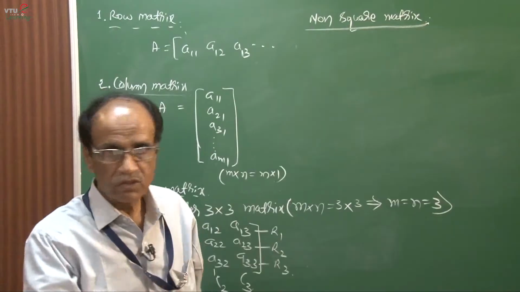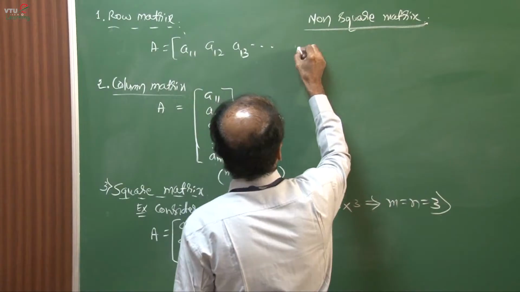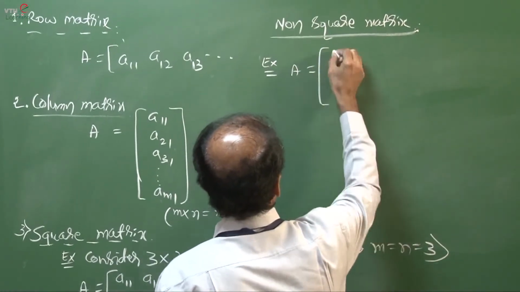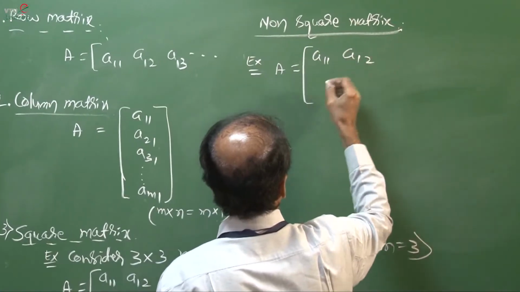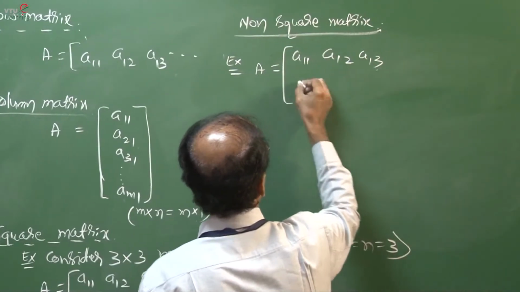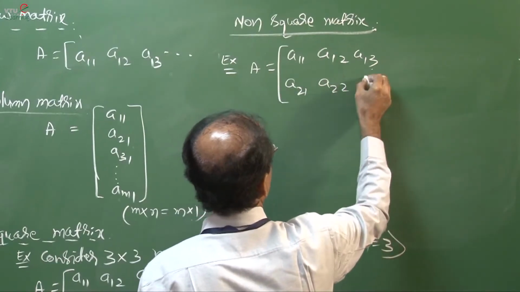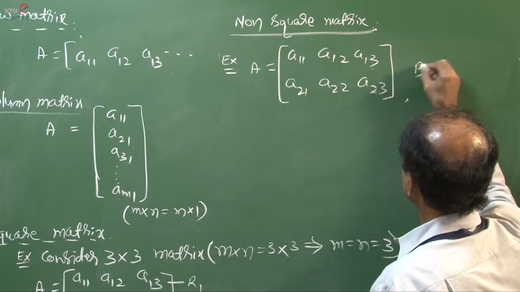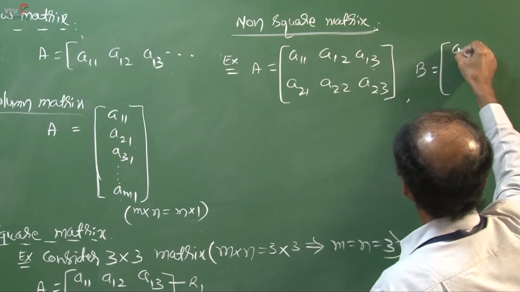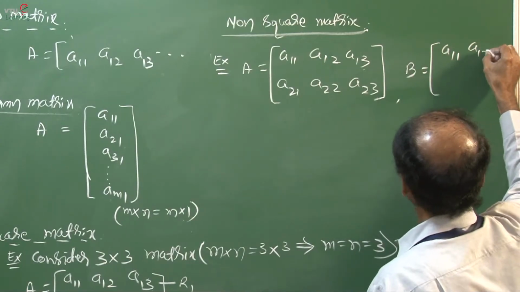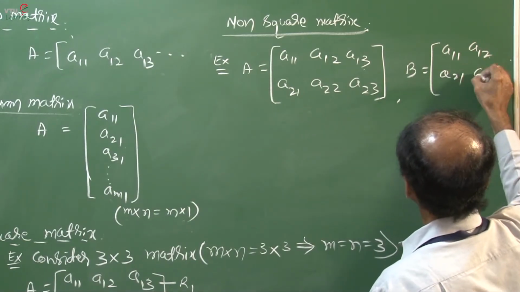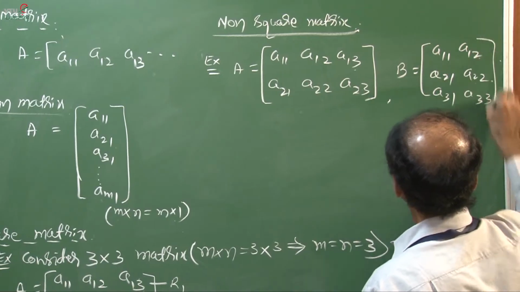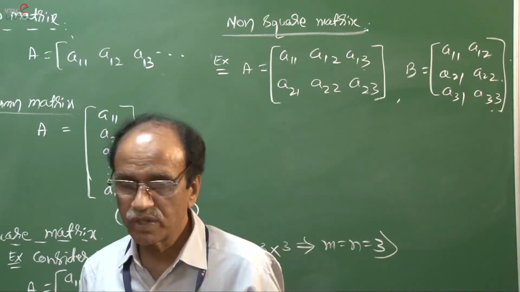For example, A is equal to A11, A12, A13, A21, A22, A23. This is one sample, and another sample is A11, A12, A21, A22, A31, A32.